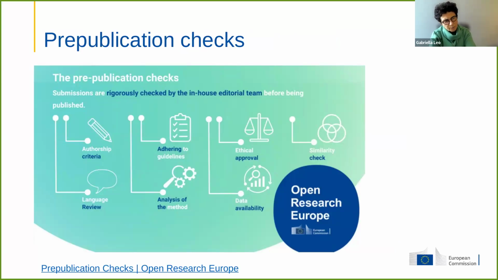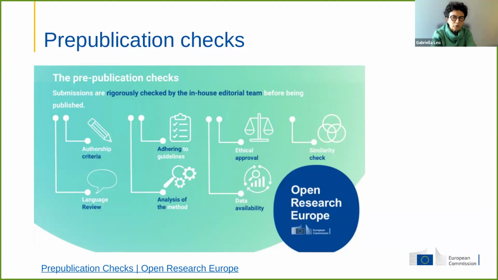I think that it's important to remind what are the main point of the pre-publication check. The pre-publication check is very important because it ensures the quality of the papers published. The checks include several aspects.